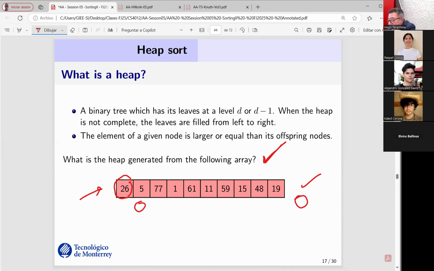These two elements at the next level, these four elements at the next level, and the rest increases exponentially, 1, 2, 4, 8, etc. But in this case, I don't have a power of 2, so these three elements are going to be placed this way. So I have a heap with the number of elements in the array, right?